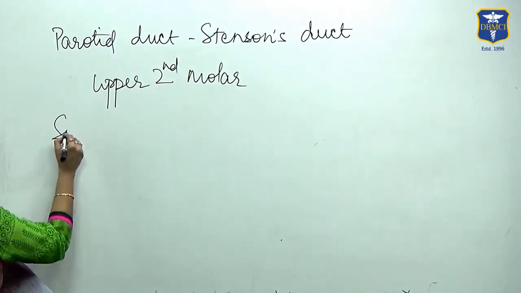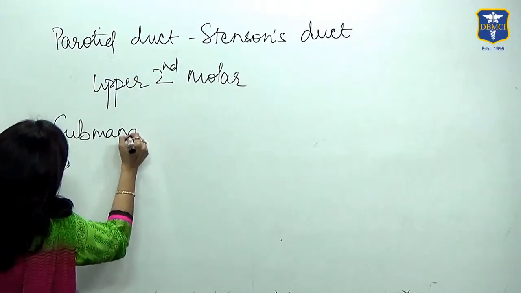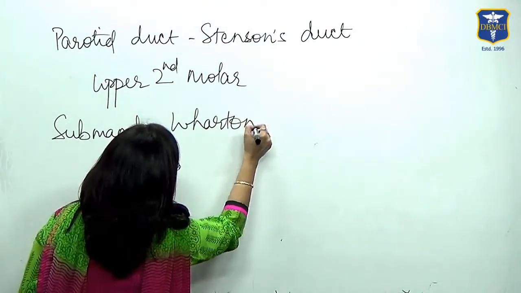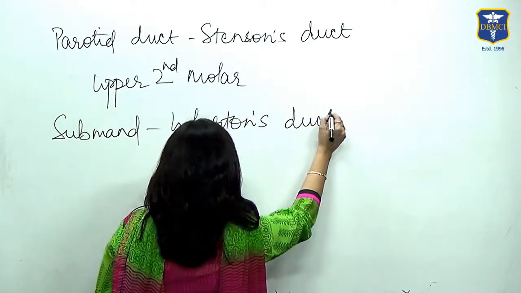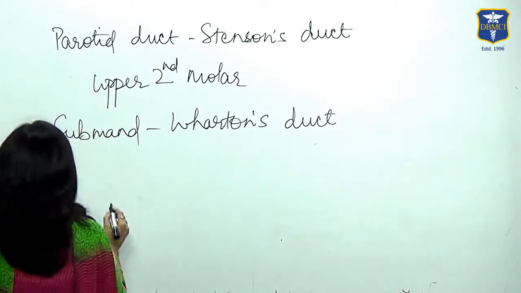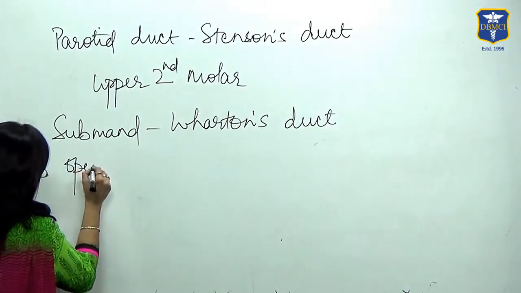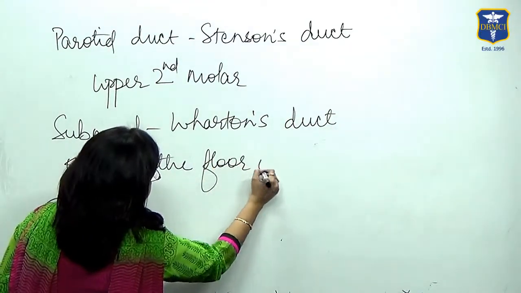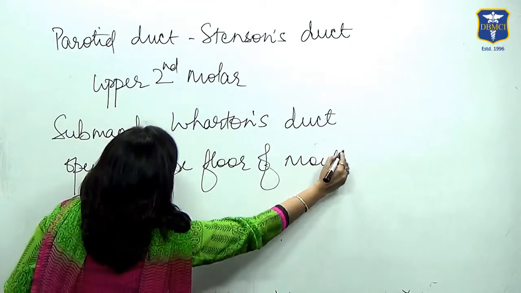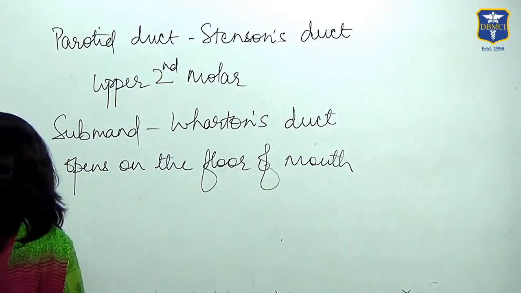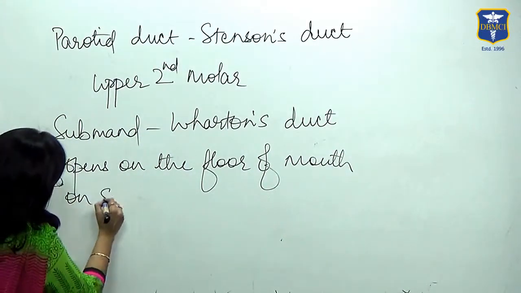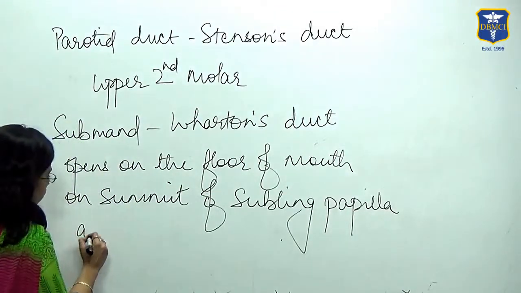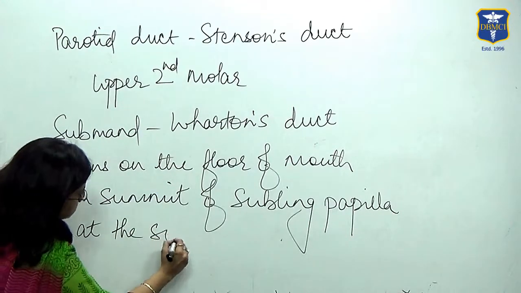Then the duct of the submandibular gland is also called Wharton's duct. It opens on the floor of the mouth on the summit of the sublingual papilla at the side of the frenulum of the tongue.